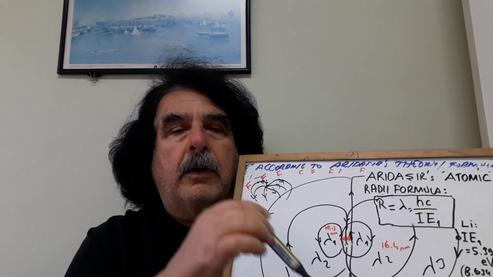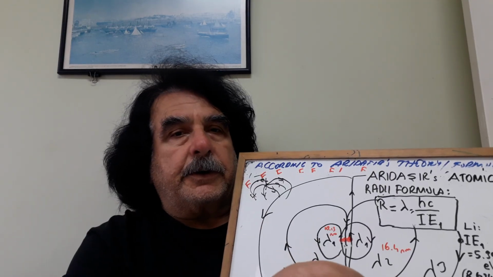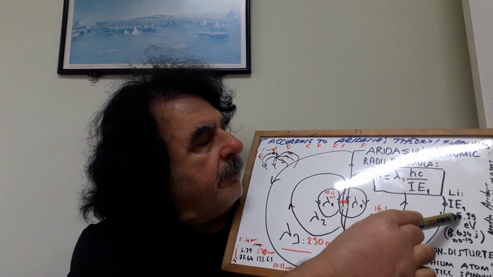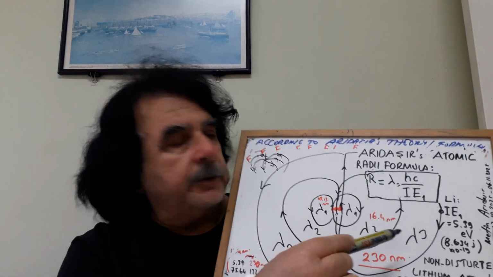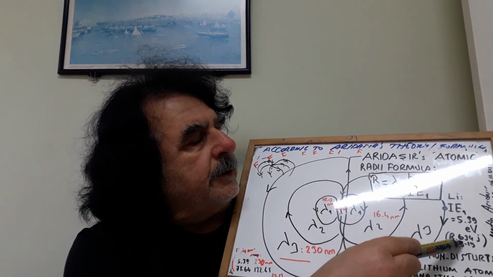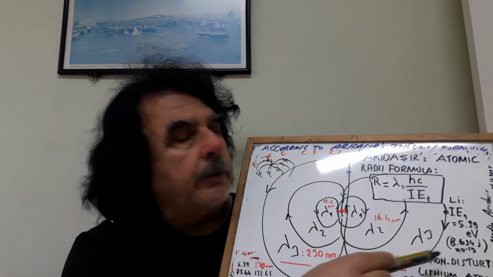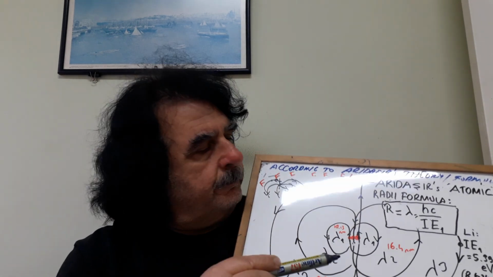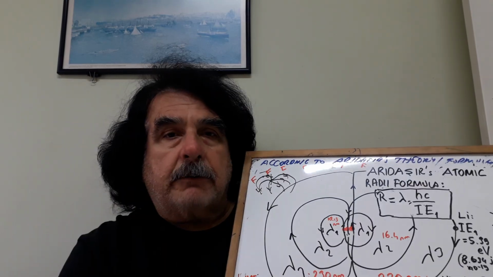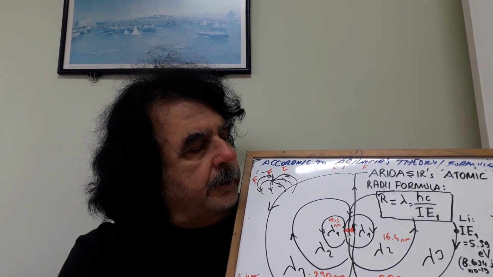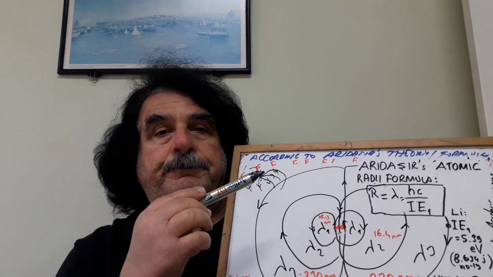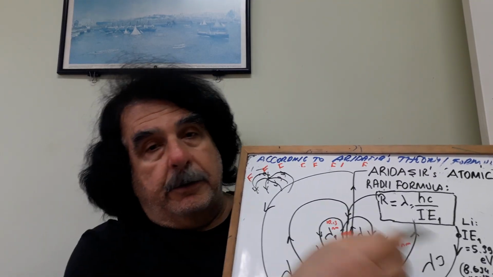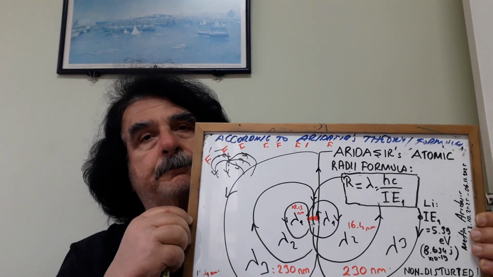The corresponding lowest ionization energy, or first ionization energy, is here 5.39 electron volt, or 8.634 times 10 to the minus 19 joules. The corresponding wavelength is 230 nanometer. It is the lithium atom's radius, according to me.